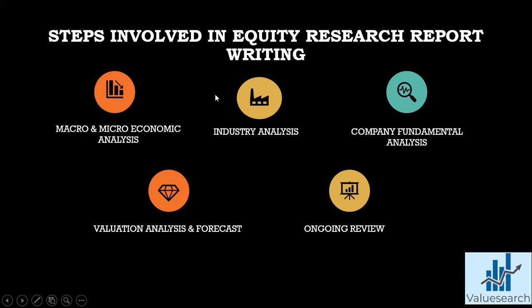So macroeconomy or microeconomy analysis includes geopolitical situation, global interest rate, currency exchange rate, global commodity prices. So basically it is related to the global market as well as the economy of your own country where the company is operating.